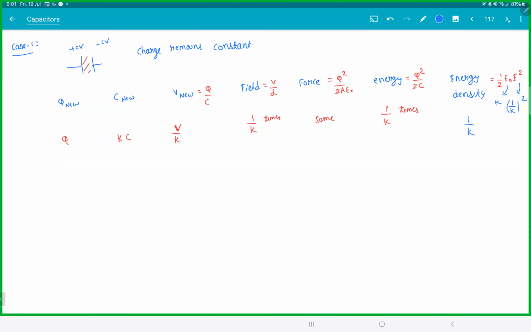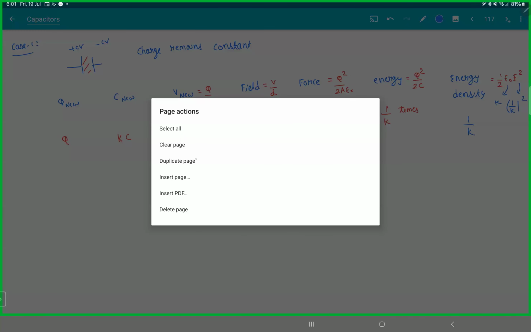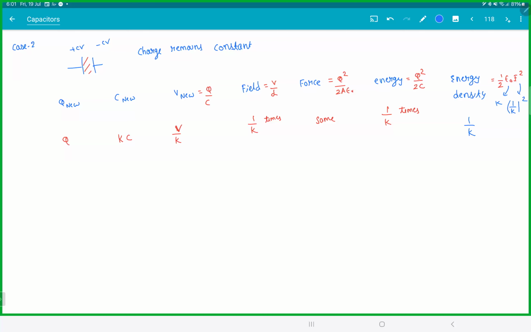So case 2, what happens? Case 2, voltage remains the same.